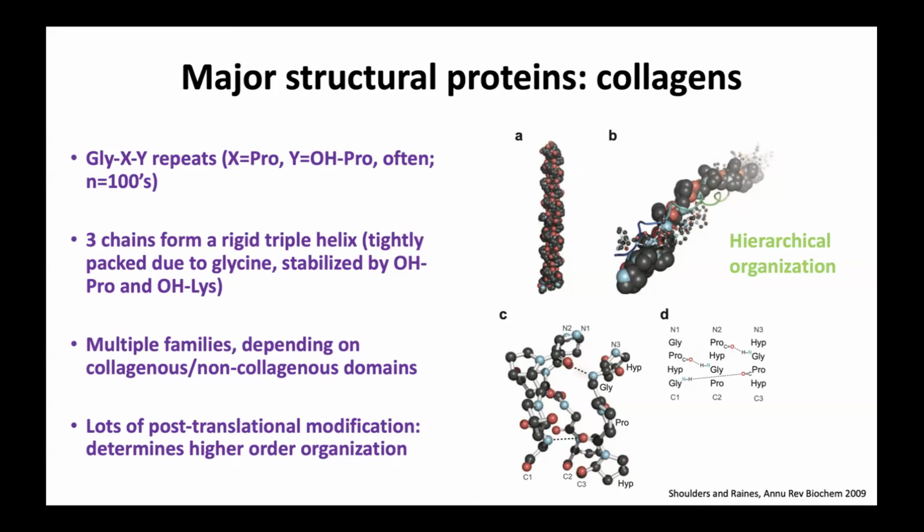So you end up with these really tightly packed and rigid triple helices, just on the basis of the chemistry of these gly-X-Y repeats. There are multiple families, and I'll show you that in a second. The different collagens have different kinds of collagenous versus non-collagenous domain organizations. And there's also a ton of post-translational modification that is very important for the higher order organization of collagens.